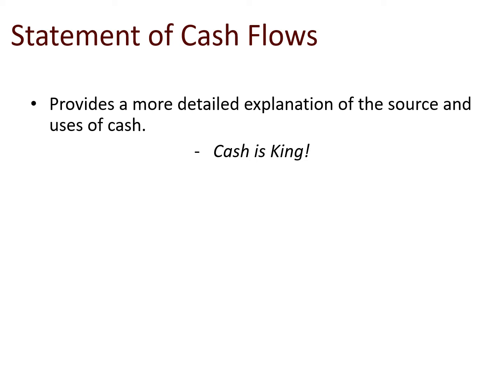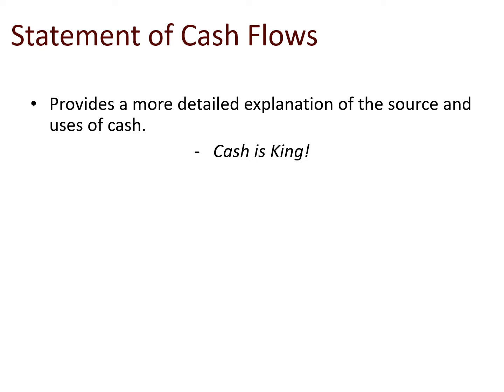The interesting thing about the statement of cash flows is it can actually be recreated for the most part if you have a copy of the income statement and the balance sheet. You can get most of the elements off of those two documents, or at least the difference between one year and the next.